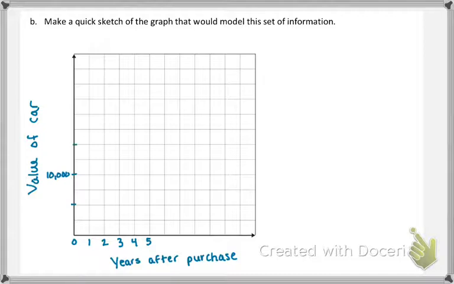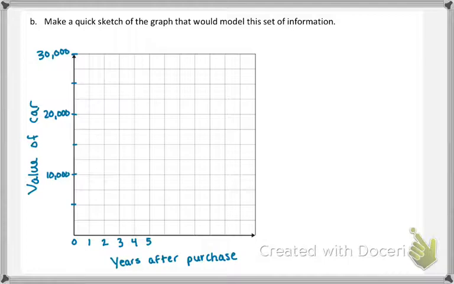And then 15,000, 20,000 will be right here, 25, and then 30,000. So again, you scale yours to fit the value of your car, and it only needs to go up to however much your car is worth. Because you know that the value of your car only goes down, actually doesn't go up unless it's an antique.